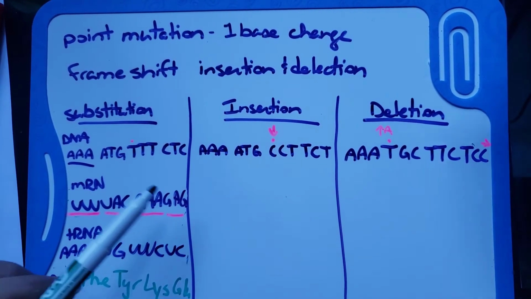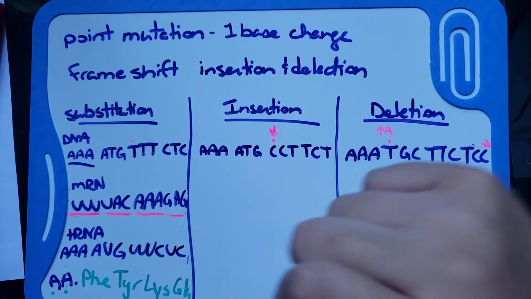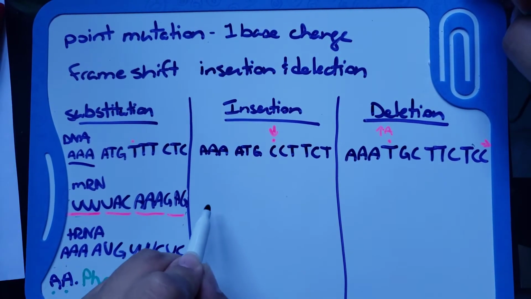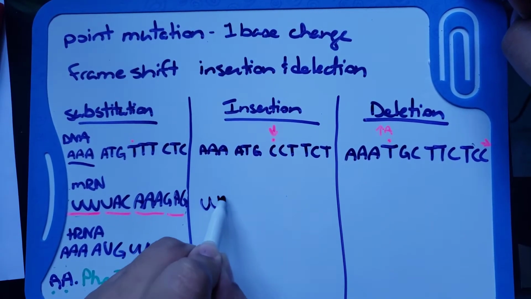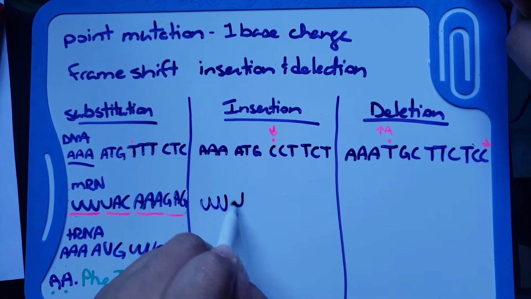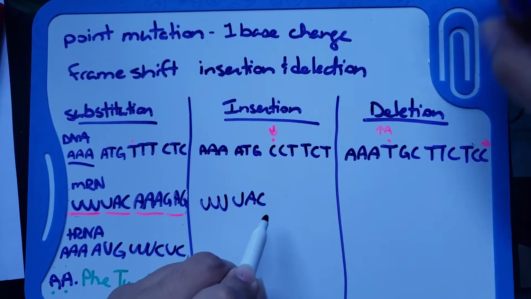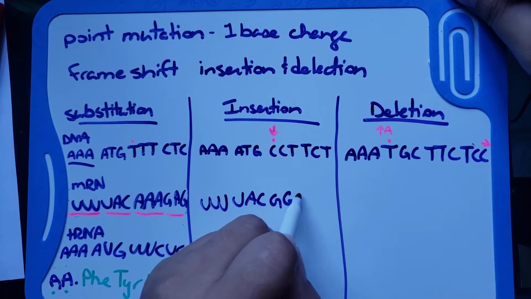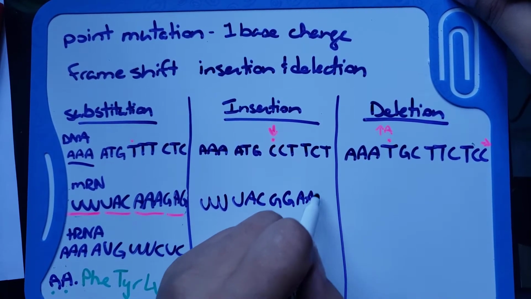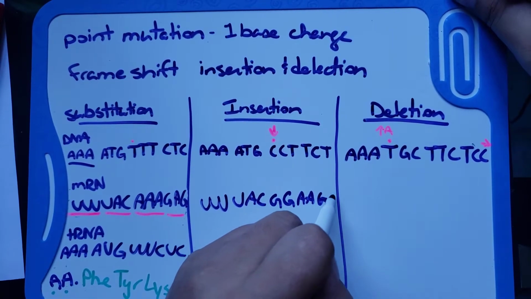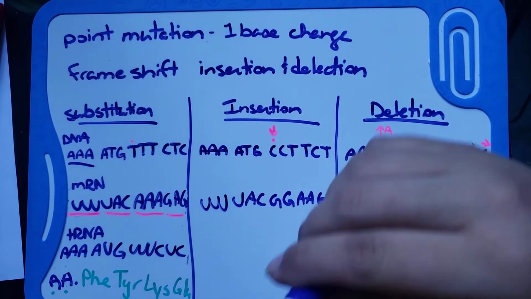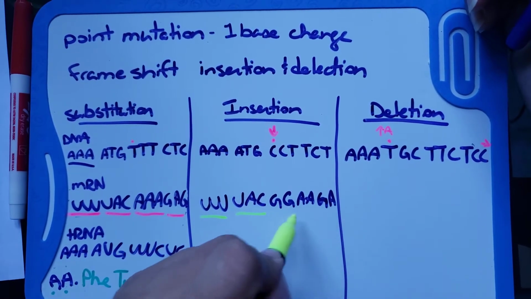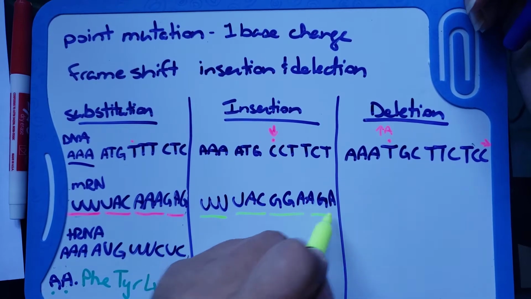When you have the messenger RNA for this one, it is going to be, I'm left-handed, so it's a little U, A, C. This is going to be a G, A, G, and A. You're still going to read it with the 3 codons.